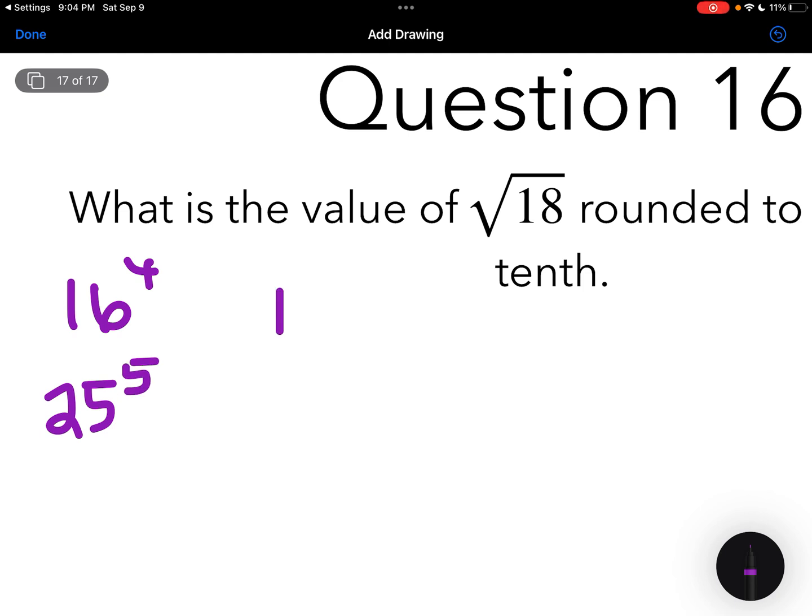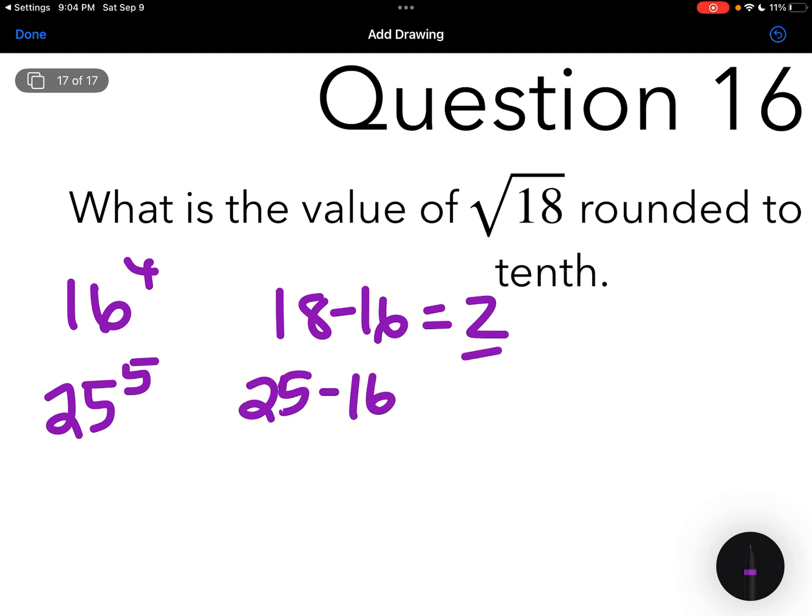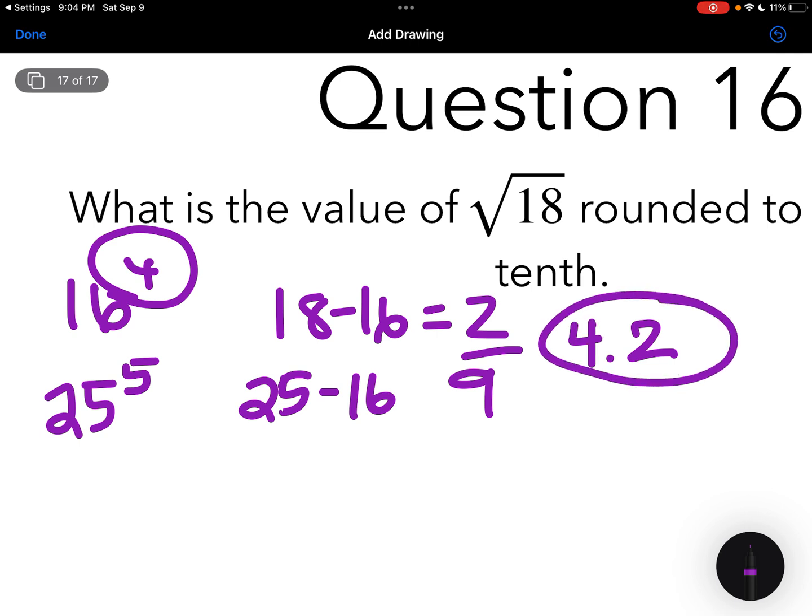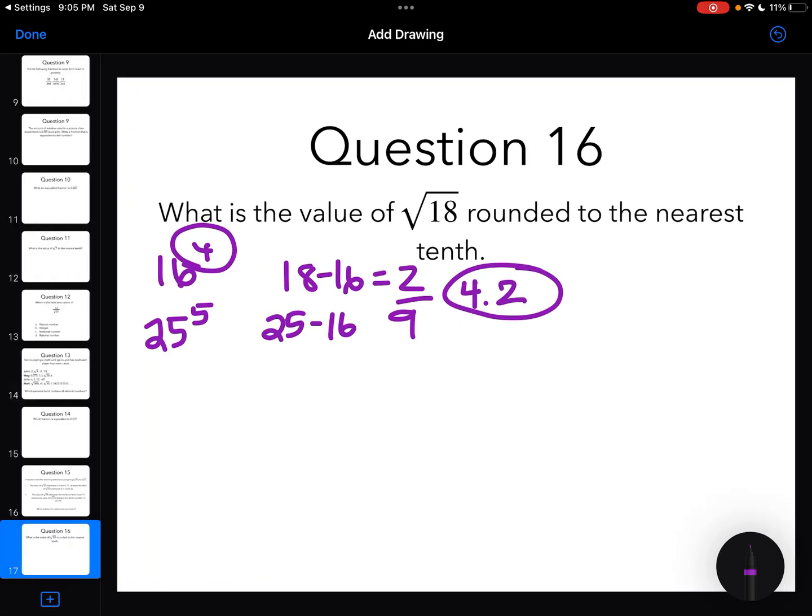And so I'm going to do 18 minus 16, which is 2, and 25 minus 16, which is 9. So 2 divided by 9 in my calculator. And I get 0.2 repeating. And I'm going to take the smaller of the 2 square roots. So 4.2.